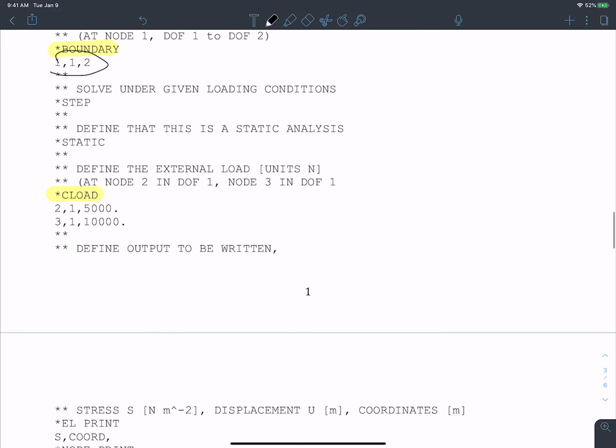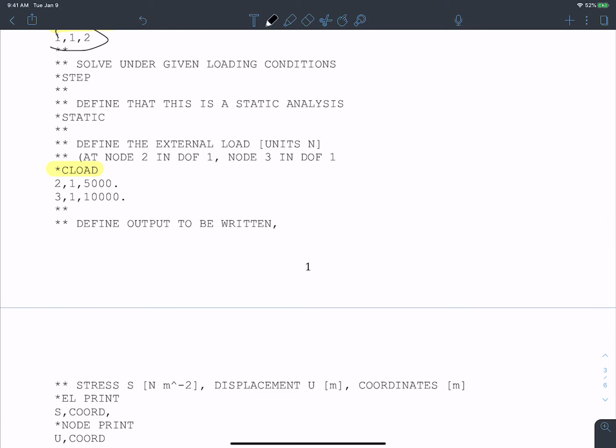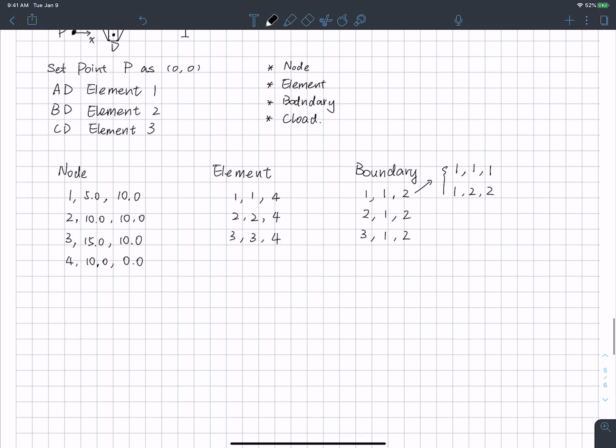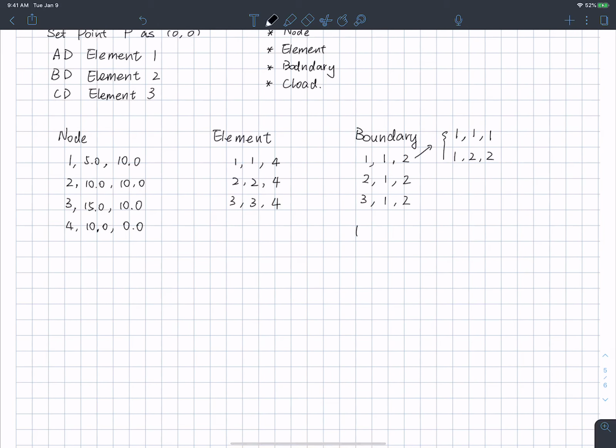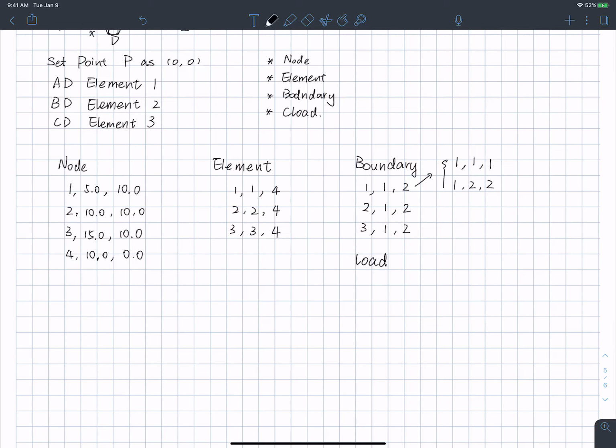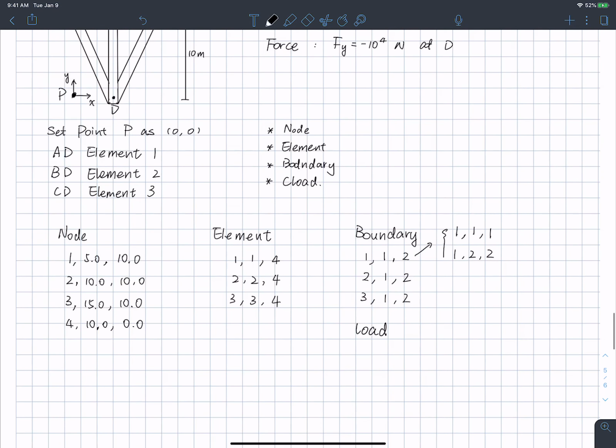And then the next thing we need to change is the load. For the load, the first one again is the number of node we apply the force. In this case, because we apply it at point D, the first is going to be 4, comma. The second one describes the direction or degree of freedom.